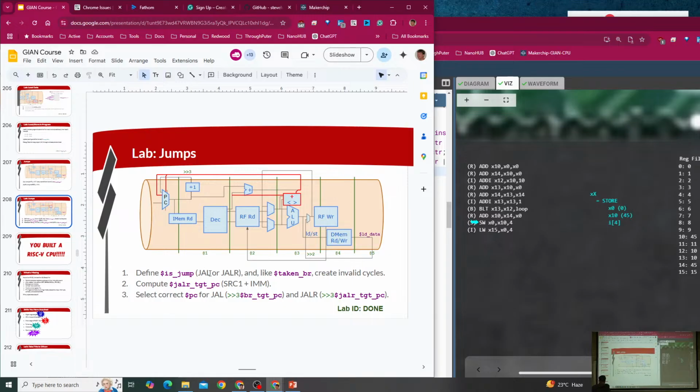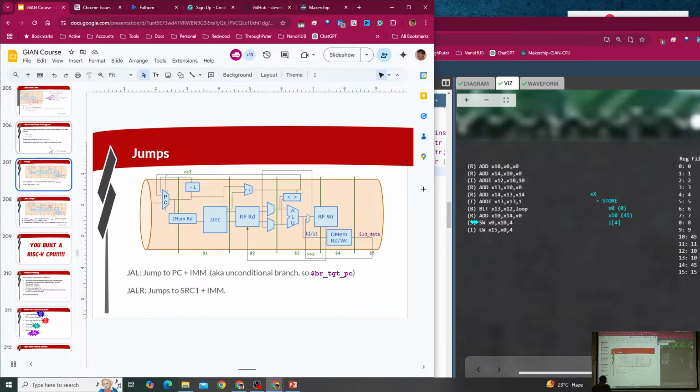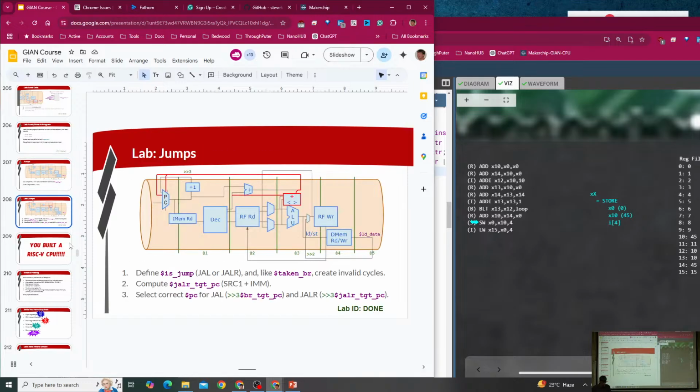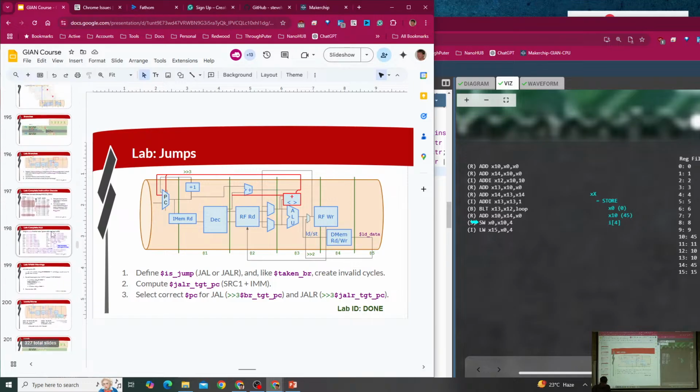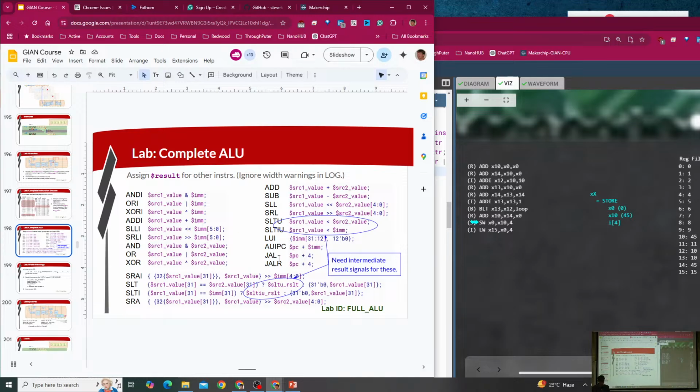So the behavior of JAL and JALR: their destination register gets the value of the PC. I thought that should be in here somewhere. I don't know why I didn't have that. So, you know, we defined that earlier, so let me jump back here just to explain the behavior of jumps. Here's the destination register for JALR, jump and link register.